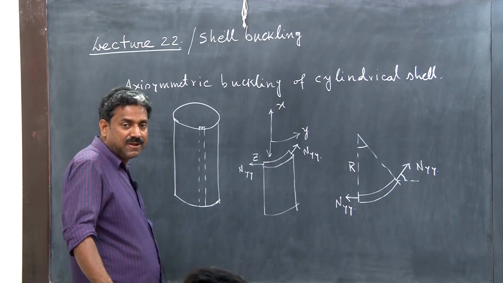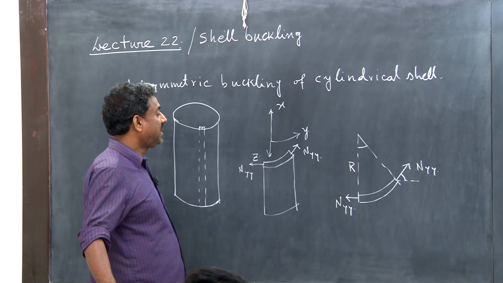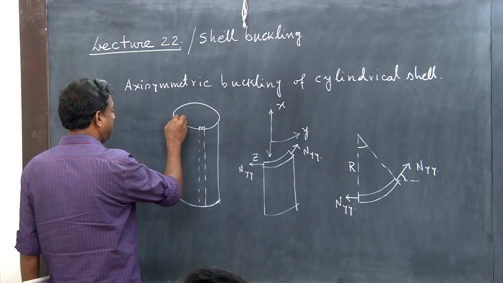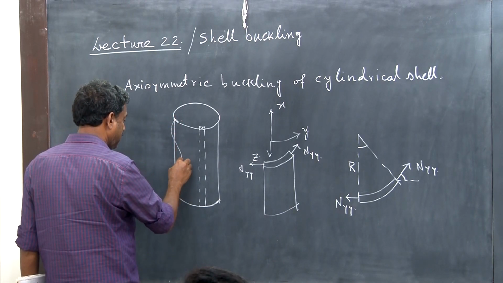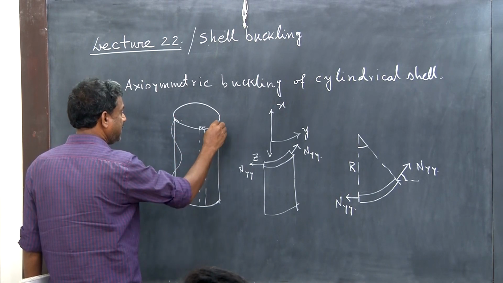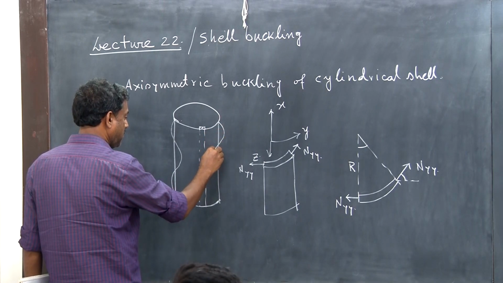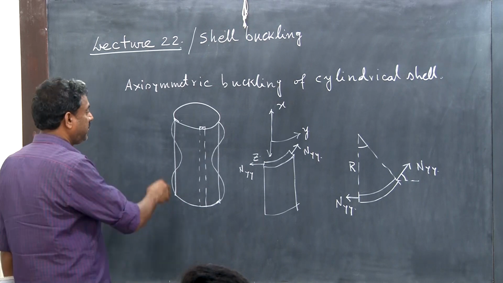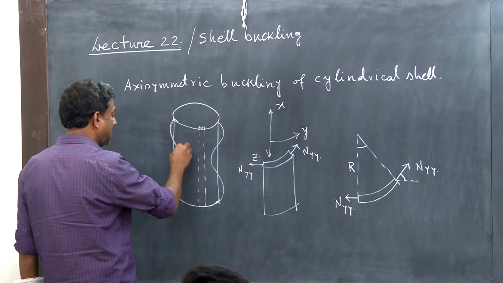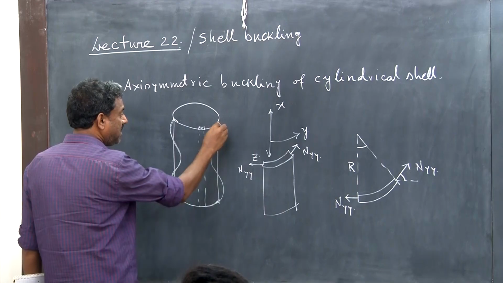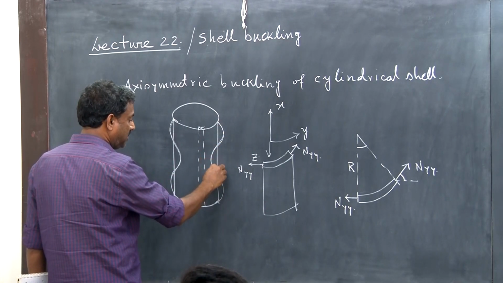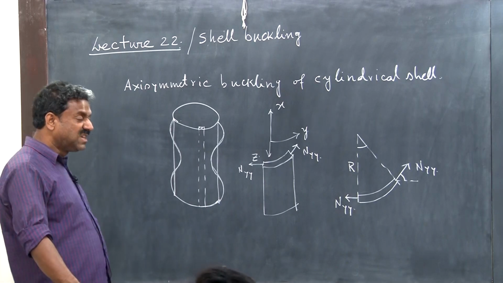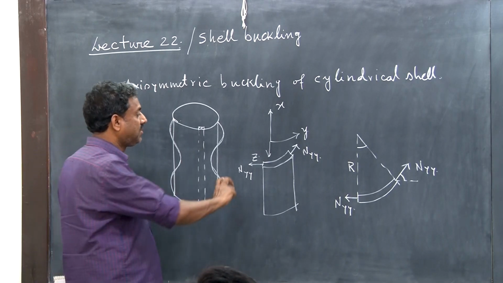And another thing: if it buckles axisymmetrically, the buckles have this pattern appearing along the longitudinal direction, in radial, and essentially this simplification we are adopting to describe these things.